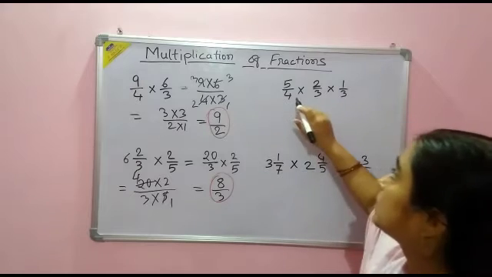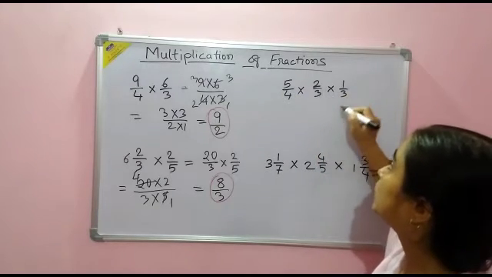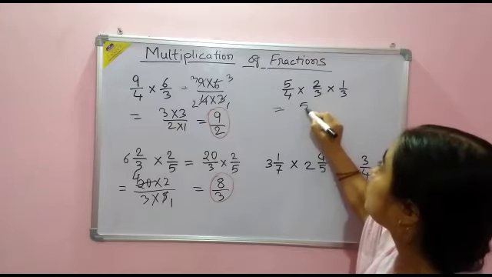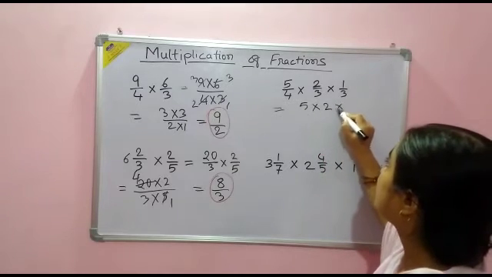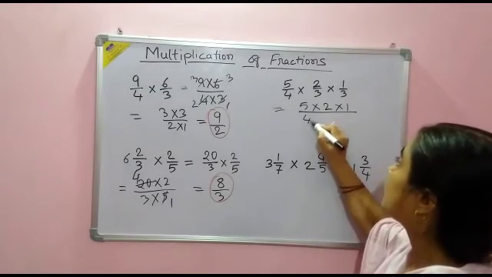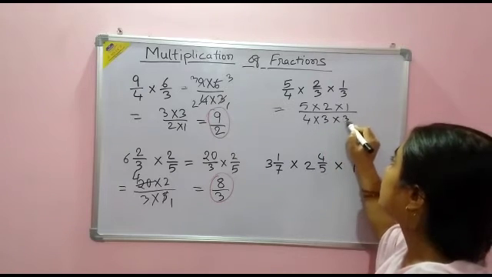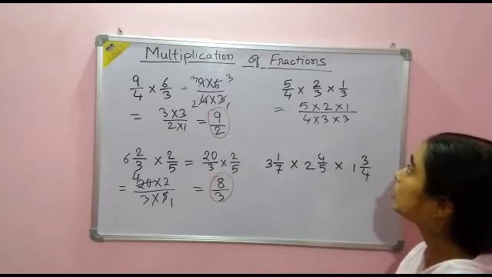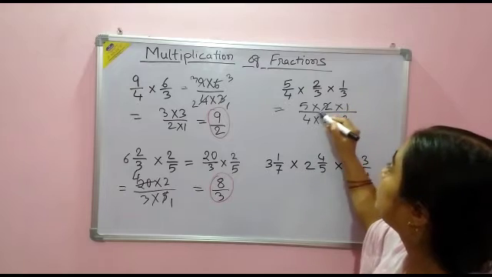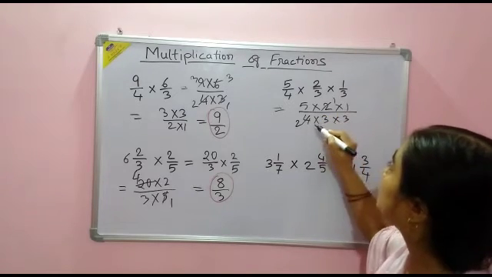Then this one: 5 by 4 into 2 by 3 into 1 by 3. How will we write this? We will write all the numerators as the combined numerator and all the denominators as the combined denominator. See if any cancellation is possible or not. Yes, we have 2 2s are 4, 2 1s are 2 and 2 2s are 4.